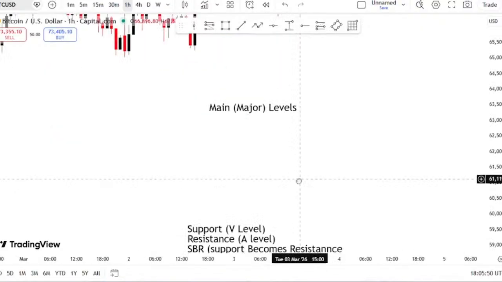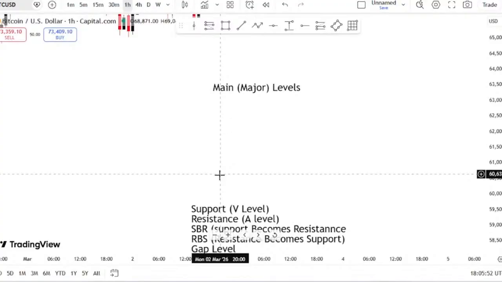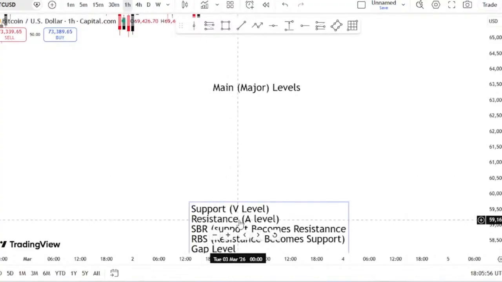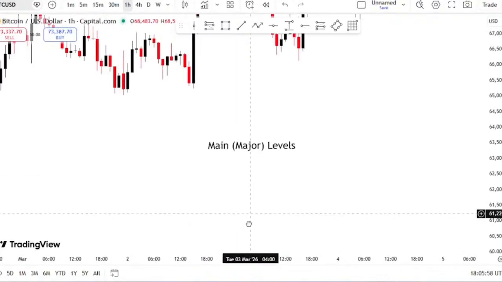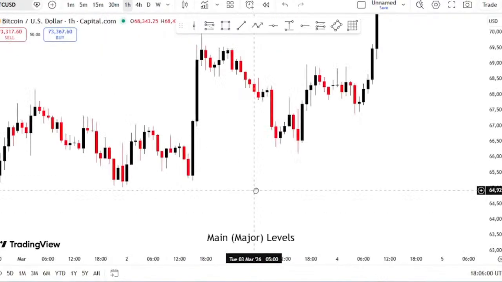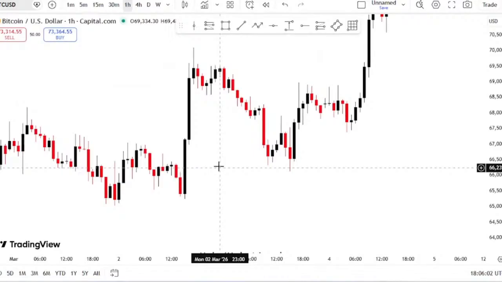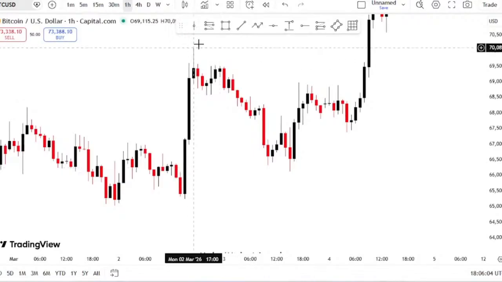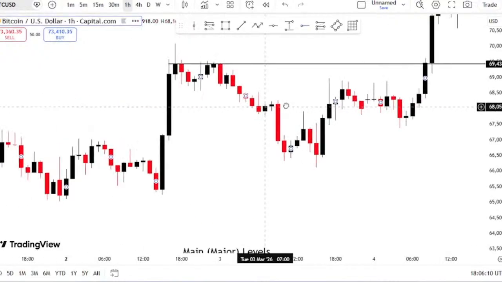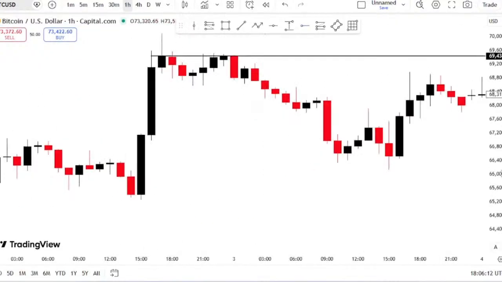Now the second point is resistance, or what we refer to as the A level. Now this is formed just opposite of the V level. In the case of this, you need a bull candle followed by a bearish candle. See that?